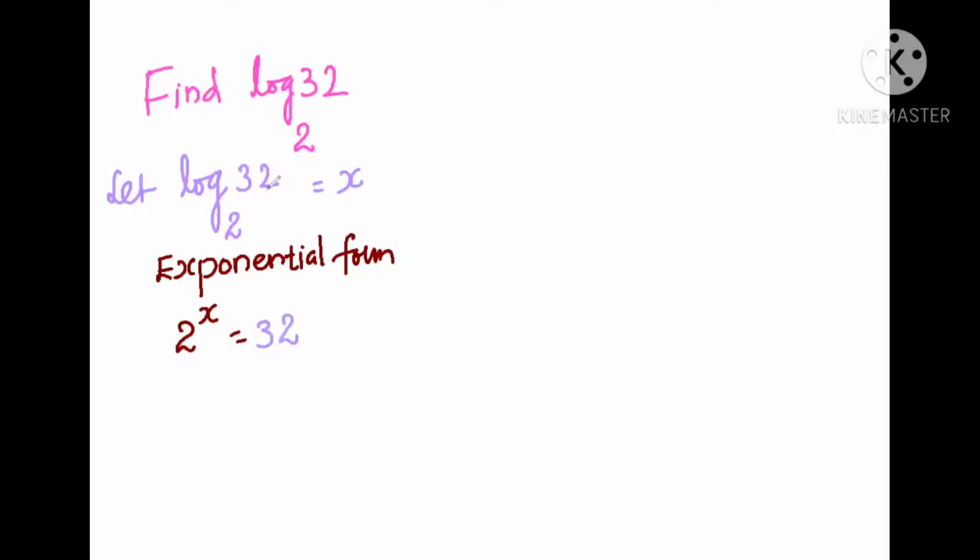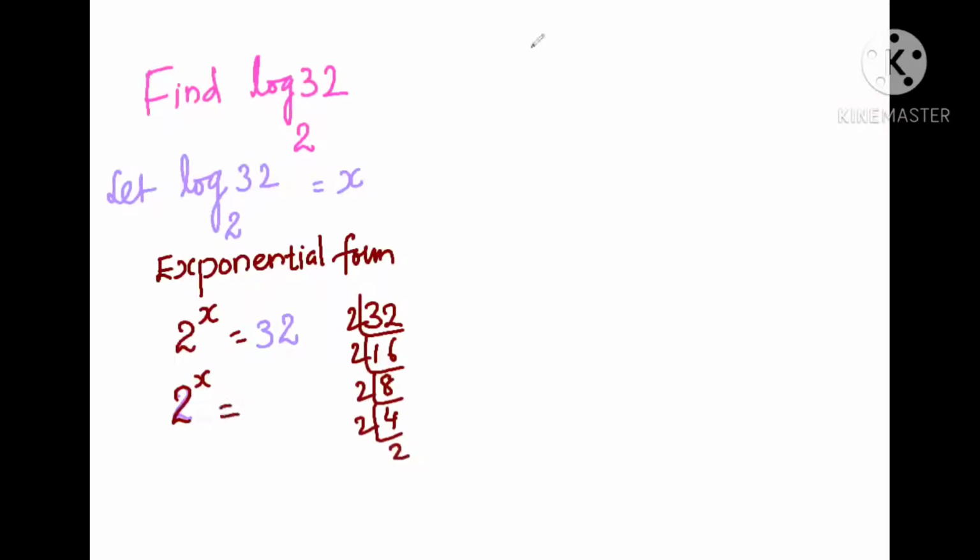2 to the power of x is 32. Then 32 should be written as a power of base 2. So for that, you have to prime factorize 32. 2 1s are 2, 2 2s are 4, 2 4s are 8, 2 8s are 16, 2 16s are 32.